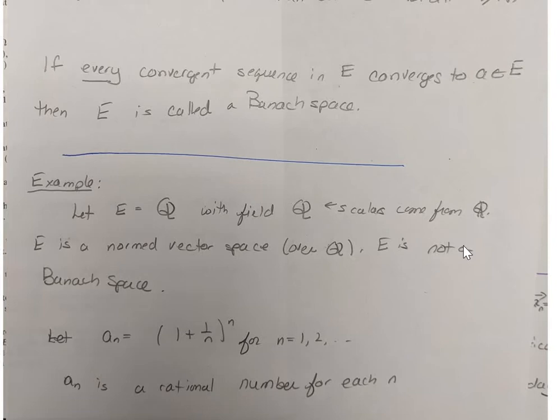Q is not a Banach space because I can come up with all kinds of sequences that have limits. They converge, but they converge to something that's not a rational number anymore. And there are many examples like this. I can draw one for you on the board. If you take a unit circle, what's the area of the unit circle? Pi. Pi is the first irrational number that most people deal with.